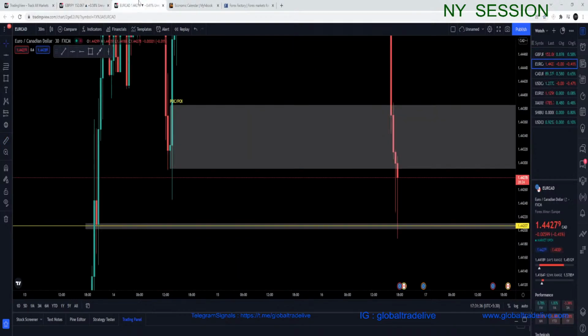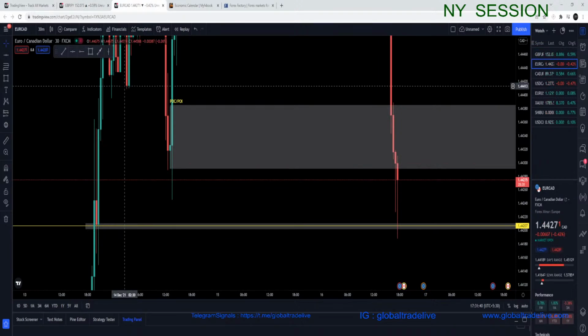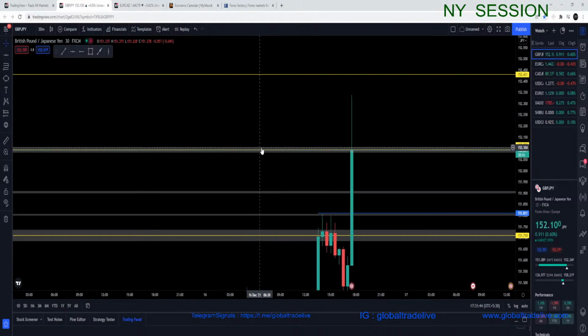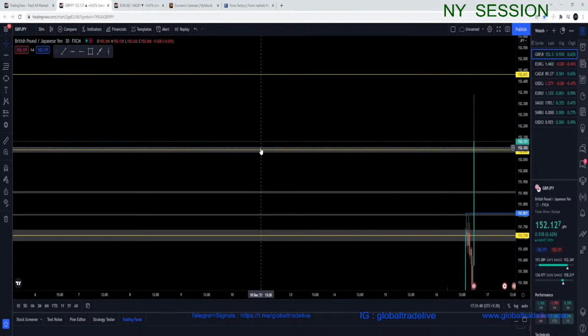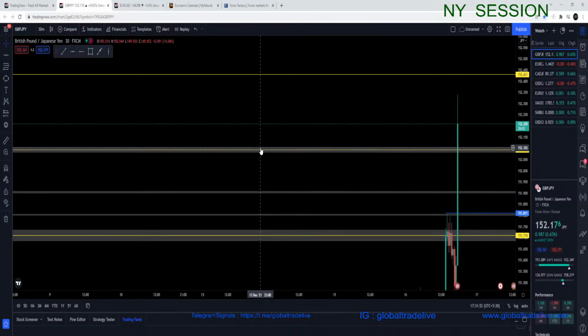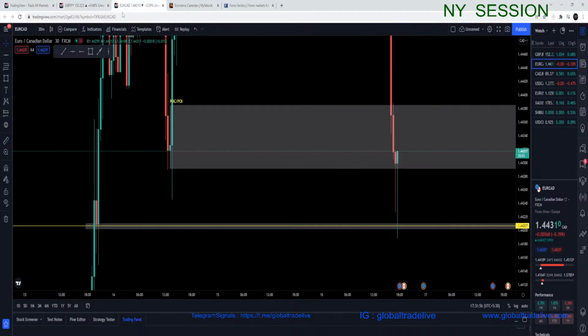One single push. But anyways, I have to stick to the rules I have made. Now we need the market to be relaxed first. And I doubt that's gonna happen. But yes, in EuroCAD, there can be a good opportunity coming up.